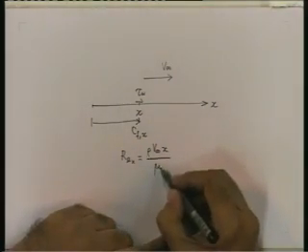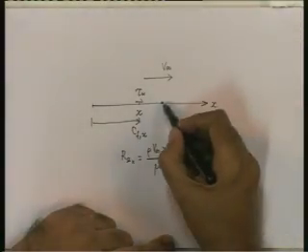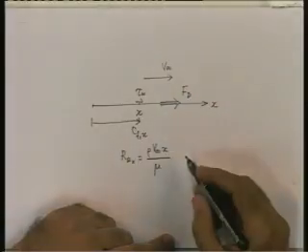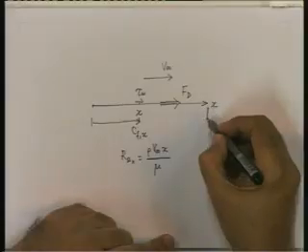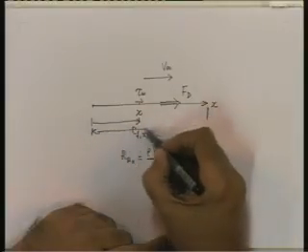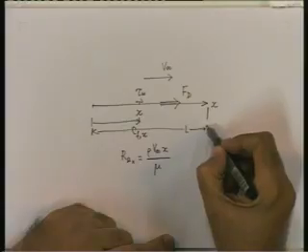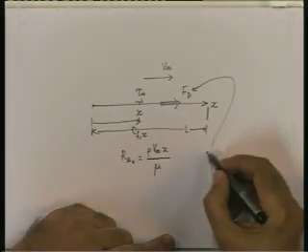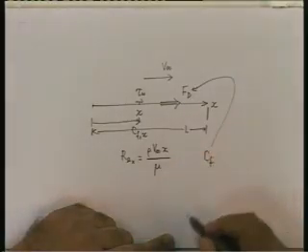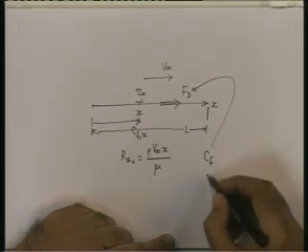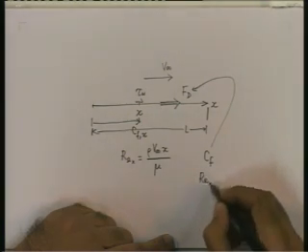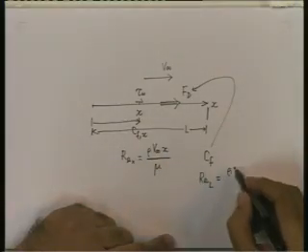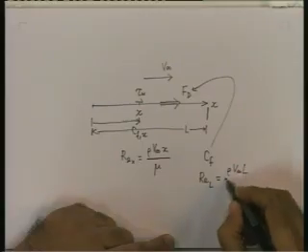Whereas if you want the total force of drag on the plate over the length L, then for the total force you need the average drag coefficient, and for this you need the Reynolds number based on the total length, which is rho v infinity L by mu.